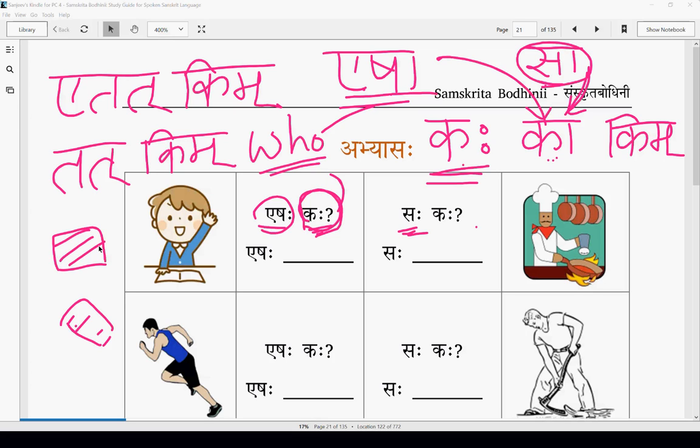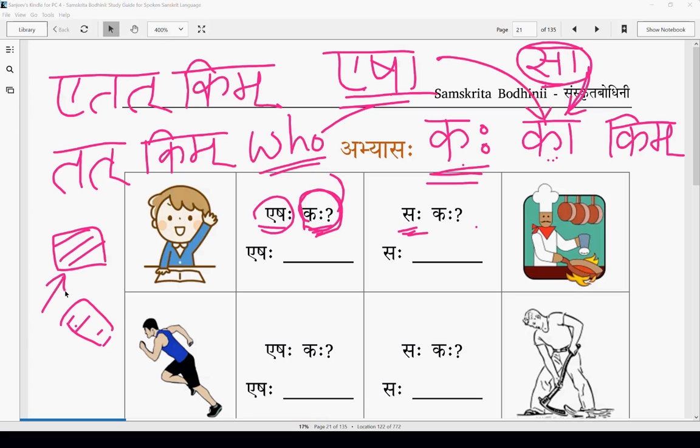Since in Sanskritam the lingam is for the word, not for the object, even though the building is an inanimate, non-living object, the word for it might be Pullinga, Strilinga, or Napumsakalinga. So what should we ask here? Esha kaha, Esha ka, or Etat kim?